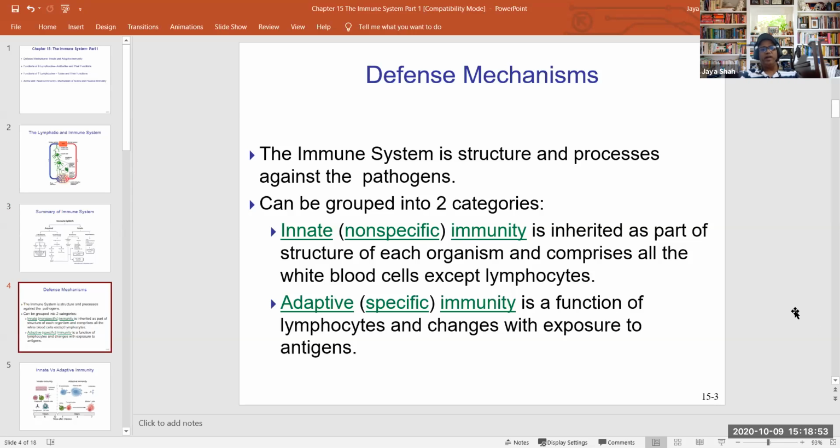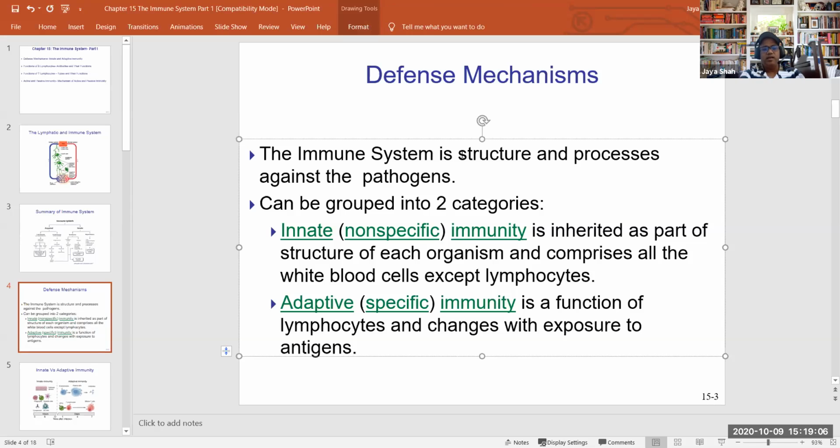Non-specific immunity, or any immunity, is our body's defense mechanism. The defense mechanism is the immune system, or the immune system is the structures and processes against the pathogen.